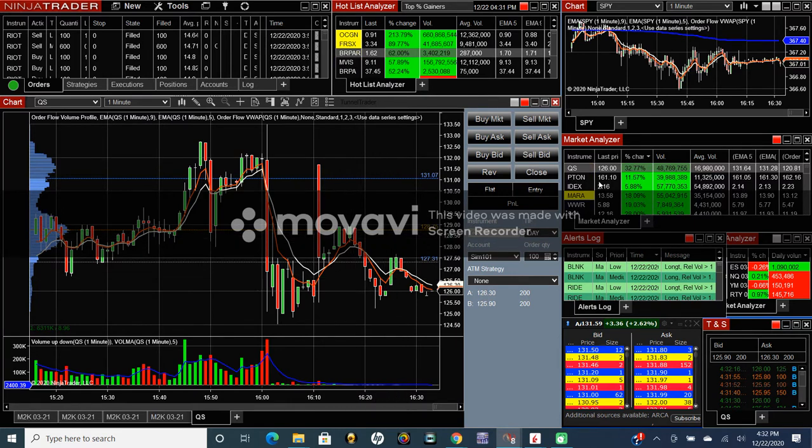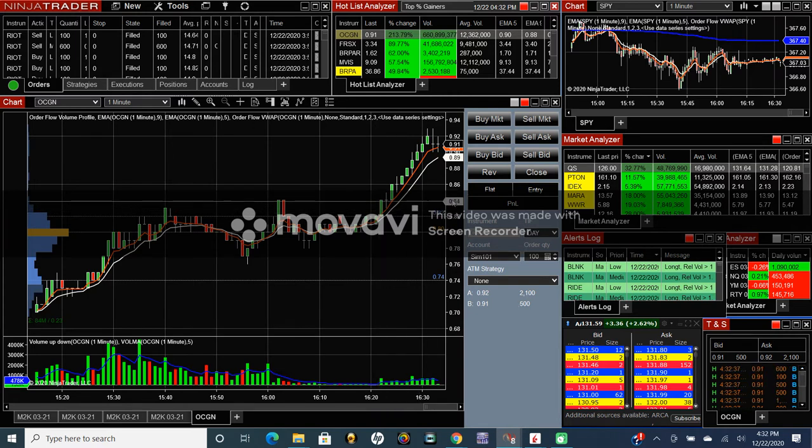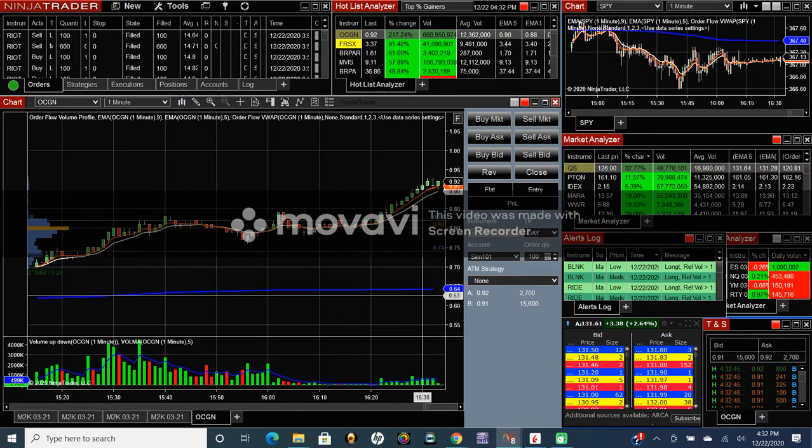So I'm likely to take an entry when the 5 crosses over the 9. Sorry, that's my phone. So when the 5 crosses over the 9, here's a perfect example of when I would enter a trade. I would probably enter right there, and this did push an alert. So you can see this stock is trading above VWAP.